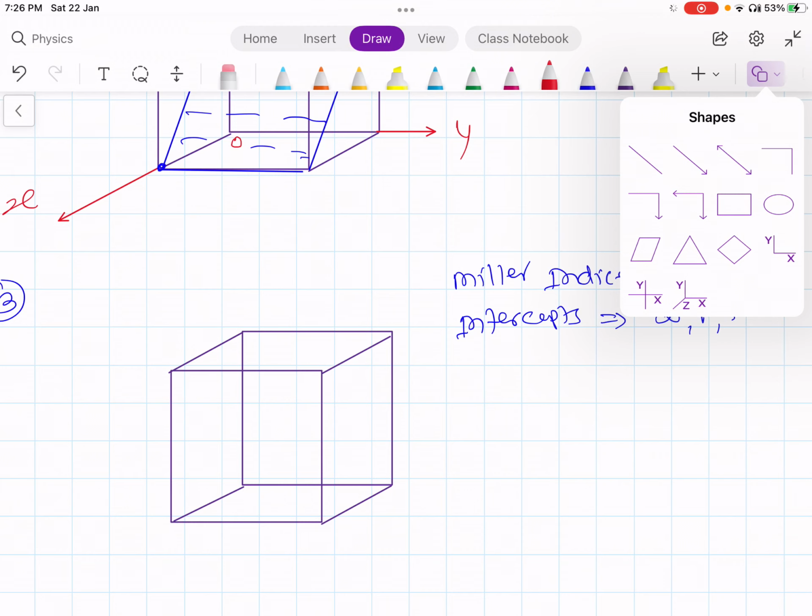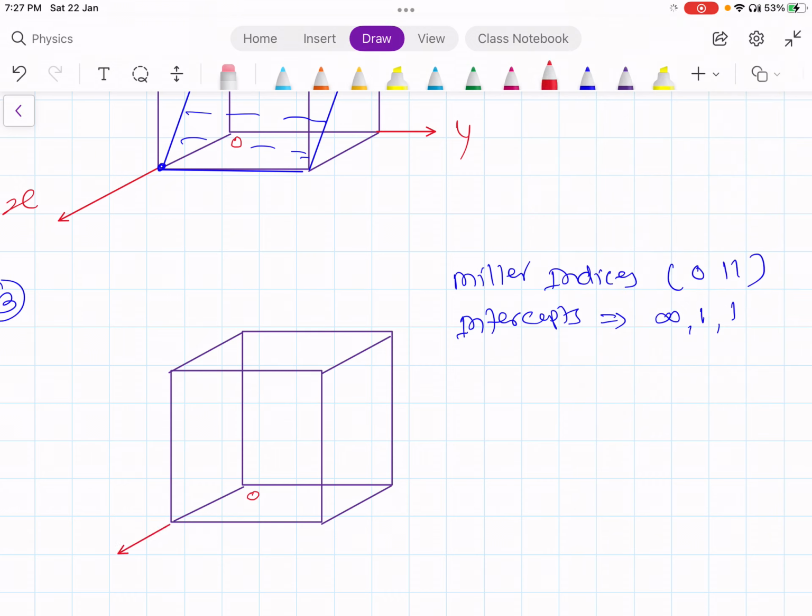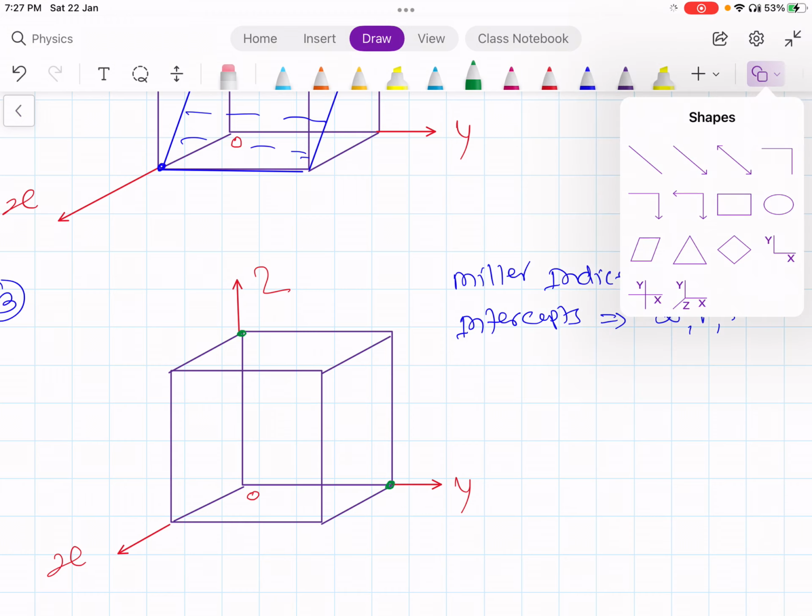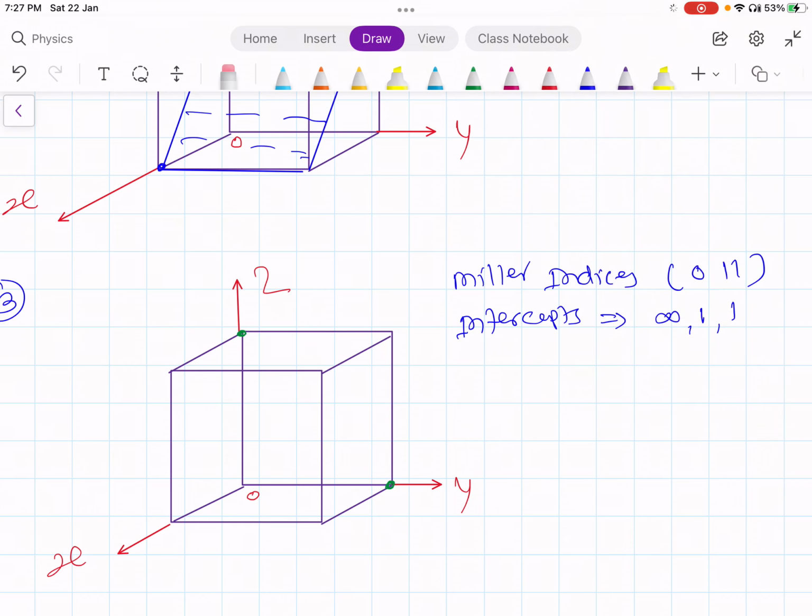Then you have to mark the origin. All are positive, so obviously I will mark this as the origin. Then show the axes. Marking axes is very important: x, y and z axes. So this plane has a y-intercept of 1, which is this point, and a z-intercept of 1, which is this point. And it is parallel to the x-axis. So if you join this, you get a single line.